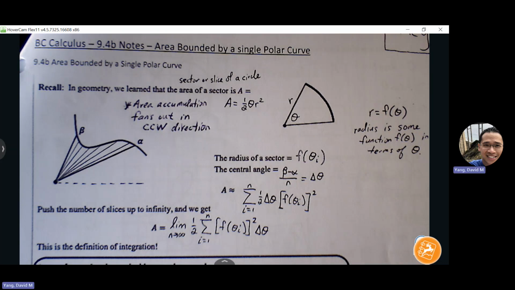Okay, so area bounded by a single polar curve. I think it's just good to know how to accumulate area.